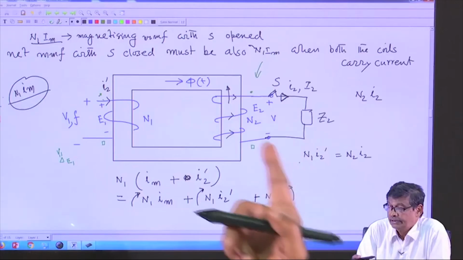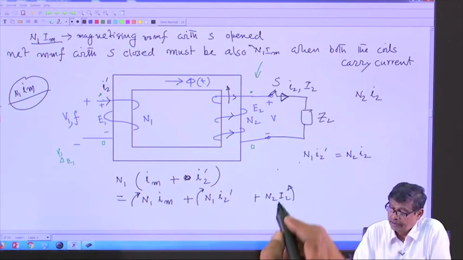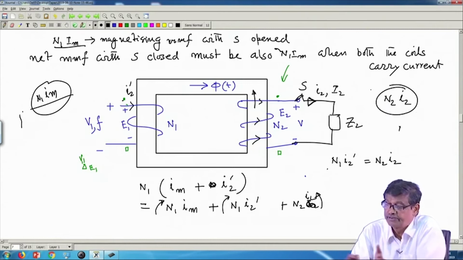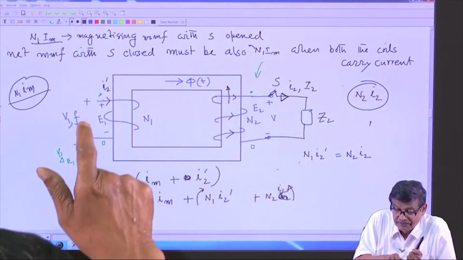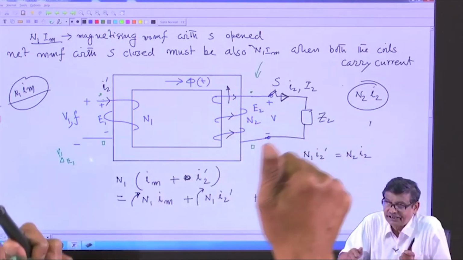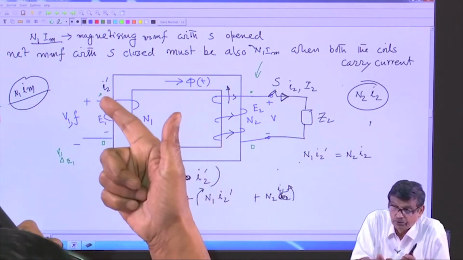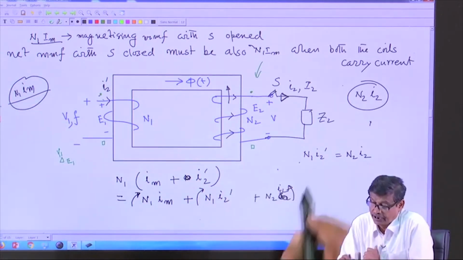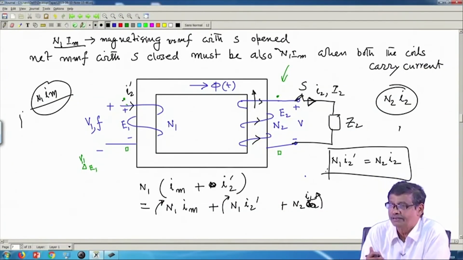Therefore, if the secondary delivers a current I2, let me write here in small letters N2 i2, its MMF, this MMF will be compensated by the primary by drawing additional current I2 dashed over and above Im, of such a value that these two MMFs once again balance, and net MMF will be once again N1 into Im.